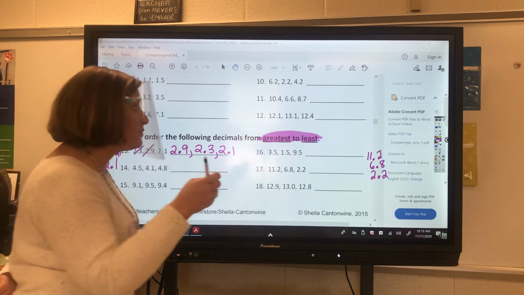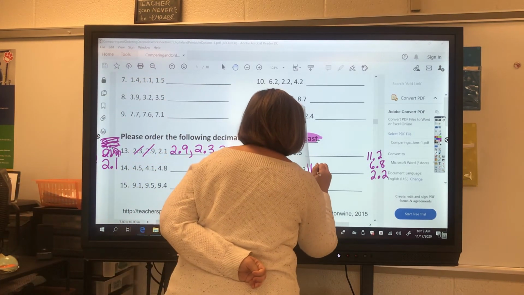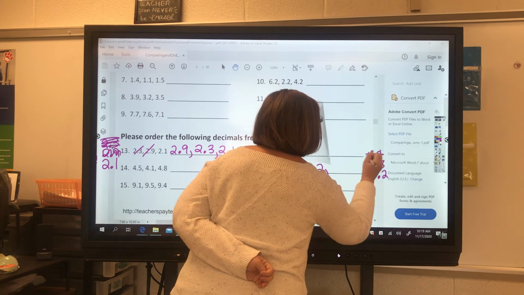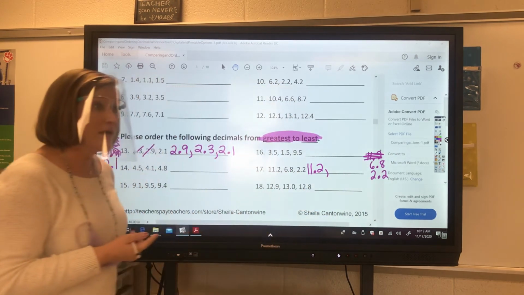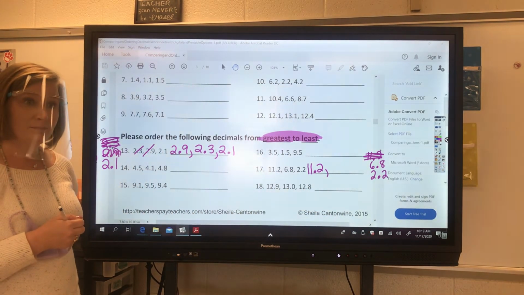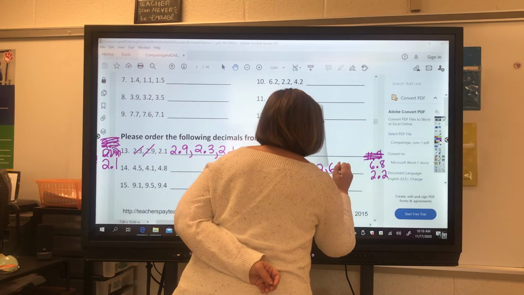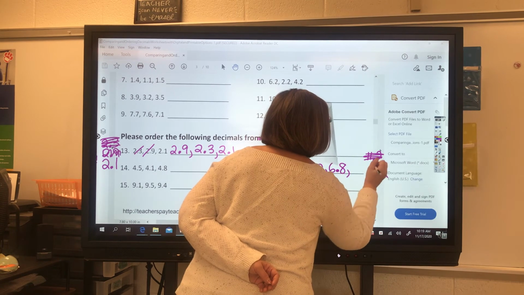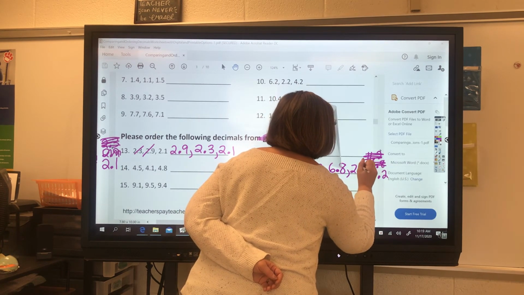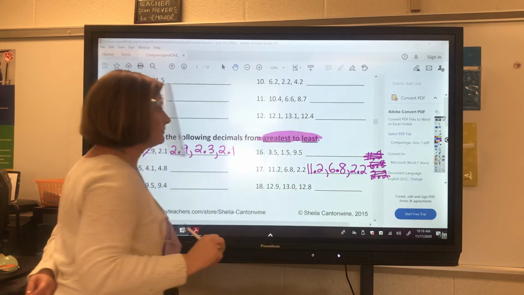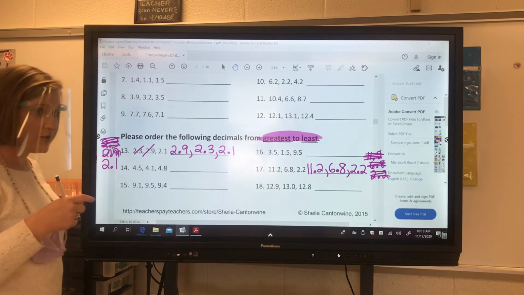The 11 is the biggest. Now, can I compare the ones place? What's going to be the middle one? 6 and 8. And what's the smallest one? 2. All right, I want you to do the other 4.